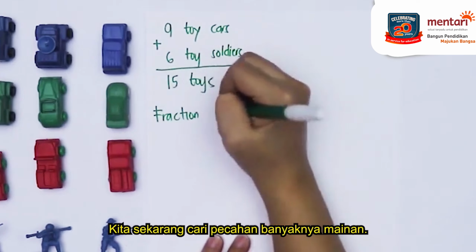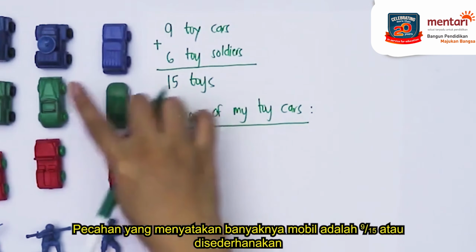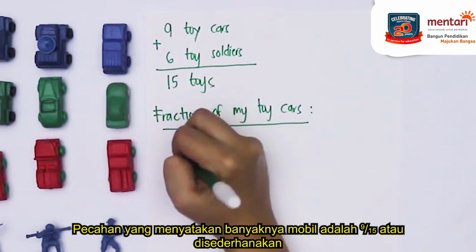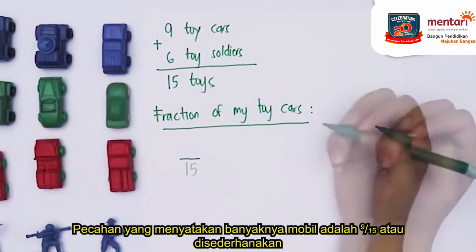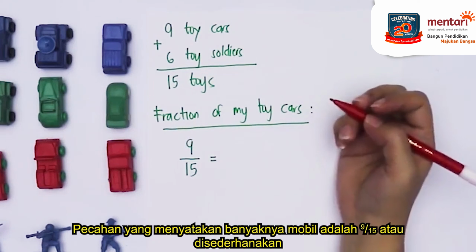Now, let us find out the fraction of my toy cars. How do we do that? Keep in mind that the total number of my toys is my denominator. So what is my denominator? Now, how many toy cars do I have? How do we make it in simplest form?